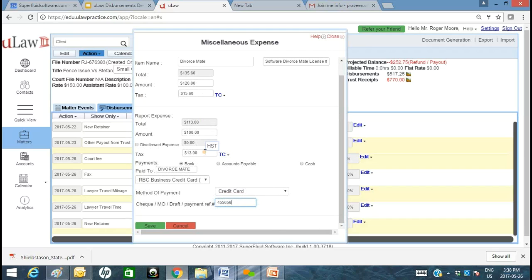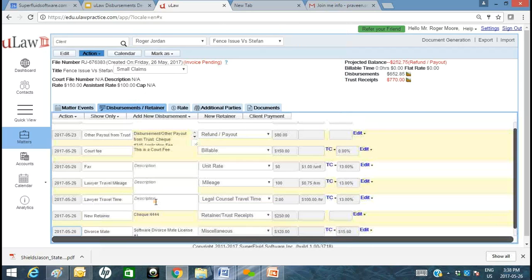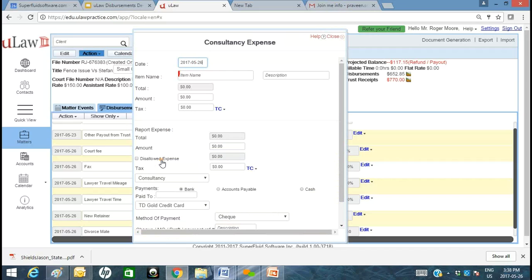You incurred $113, but you're charging another $20 to your client. So this is an example of how you would actually mark up and make that $20 profit. Okay, we're going to look at how all this is captured in journals and ledgers. And the last example that we want to look at is a consultancy expense. And for the purposes of this presentation, we're assuming that we're actually losing money on this.